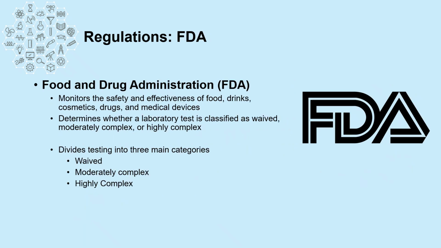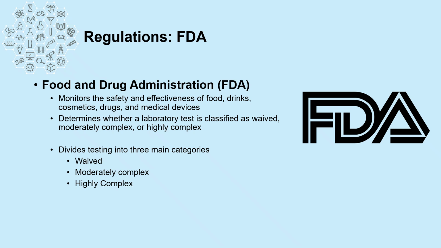The next agency is the Food and Drug Administration. The FDA, they're going to monitor the safety and effectiveness of the laboratory testing that we're providing in the clinical lab. So they're also going to determine the complexity of the testing. Now, I mentioned this previously. We have different types of laboratory complexity in the lab.